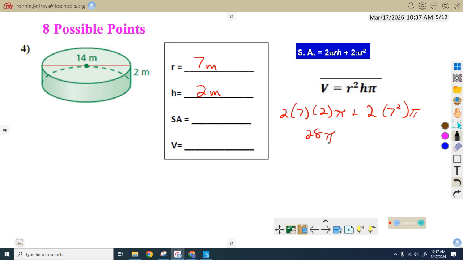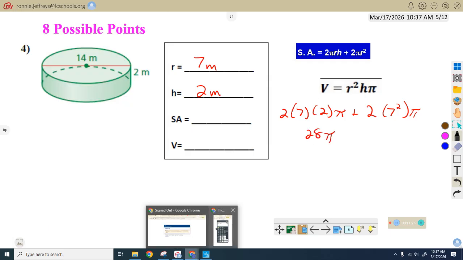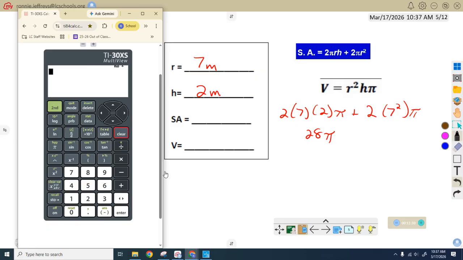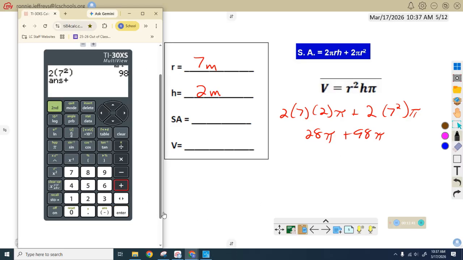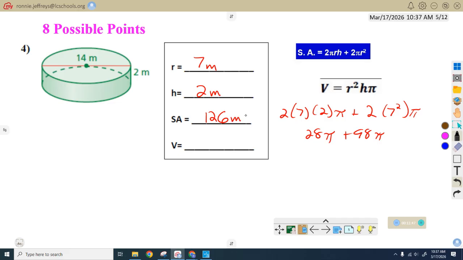There's a change in power. So plus 8 pi. 126. Oops, I keep doing it. Pi meters squared. Okay.